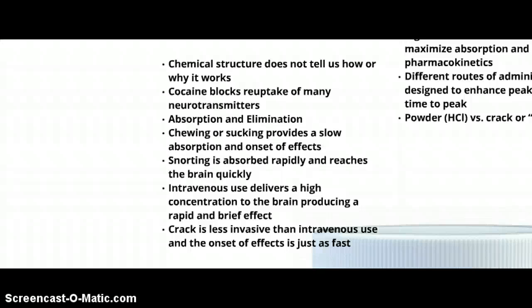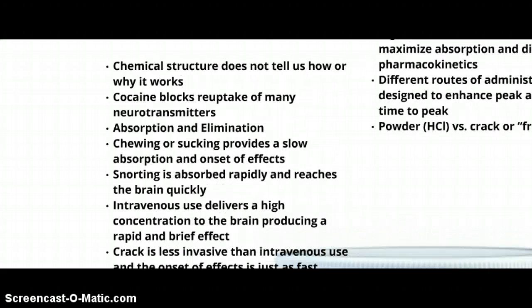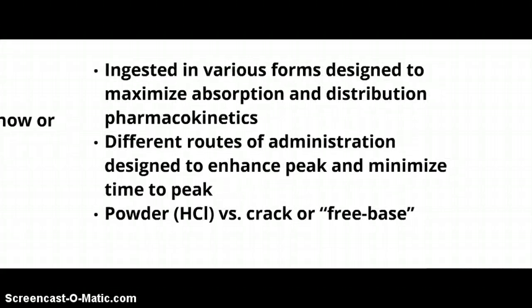The different ways of ingesting cocaine, whether it's insufflated, smoked, or injected, each different pattern has a different profile of how the drug reaches peak plasma concentrations in the body.